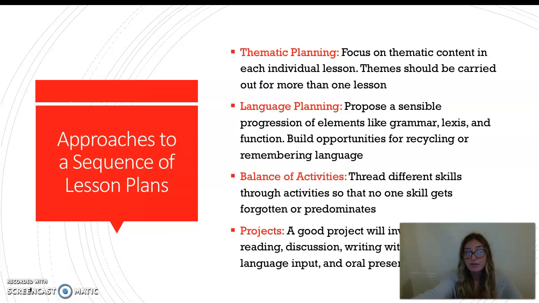So we don't want reading to overshadow writing, so on and so forth. Every skill needs to be actively used in the different activities that we use for our lessons. We also have projects for lesson plans, so we want to encourage our students to create projects that will involve reading, discussion, writing with new language input, and oral presentation.